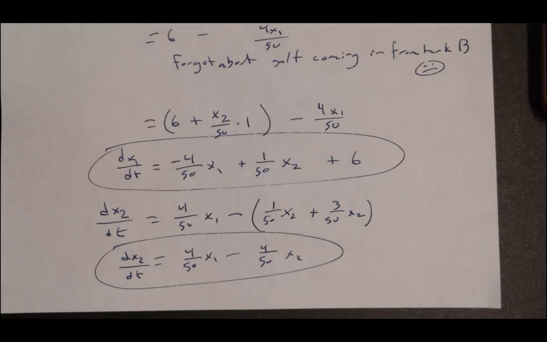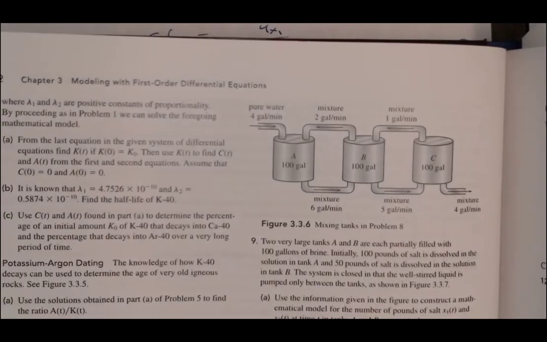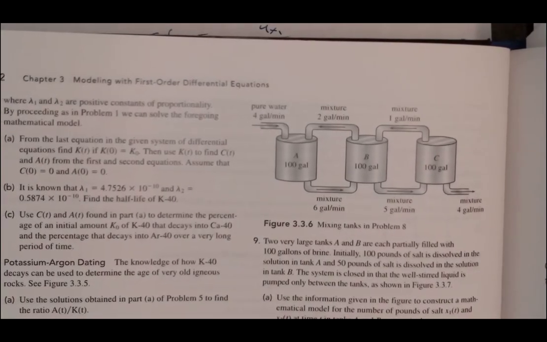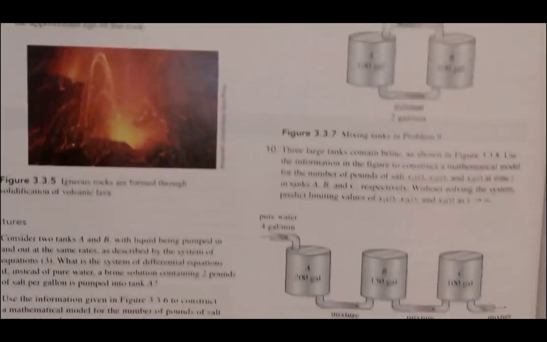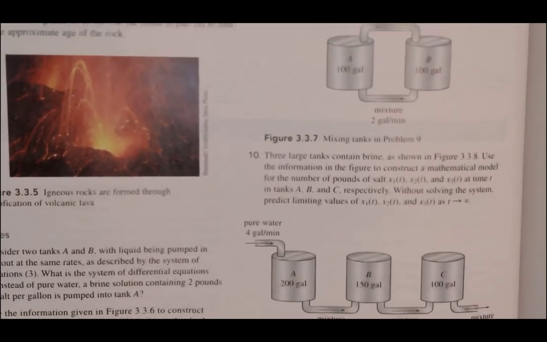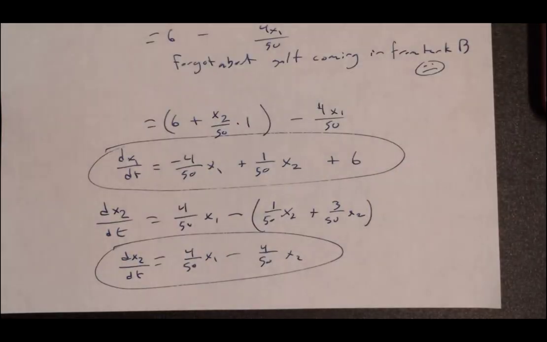By the way, there's absolutely no reason to stop at 2 tanks. There's 3. Here's 3. We can have as many tanks hooked up as you want. Questions? If I can do the mixing problem for 1 tank, I can do the mixing problem for 2 tanks.